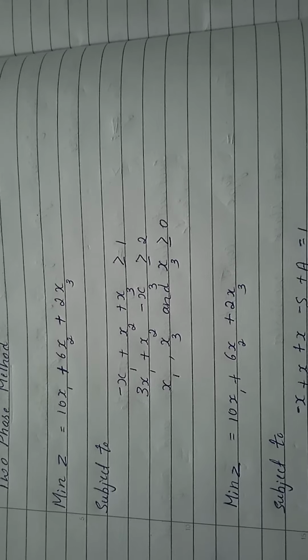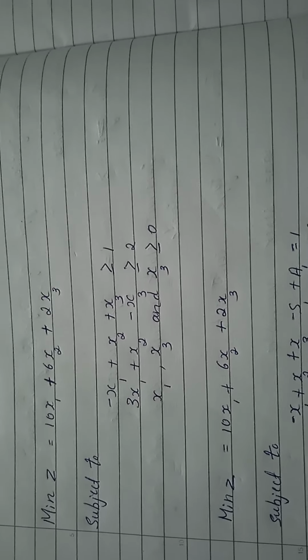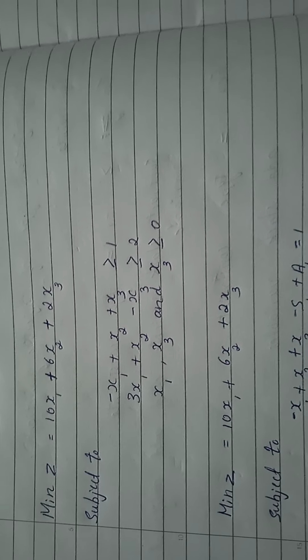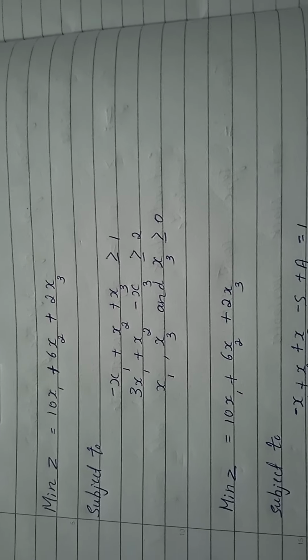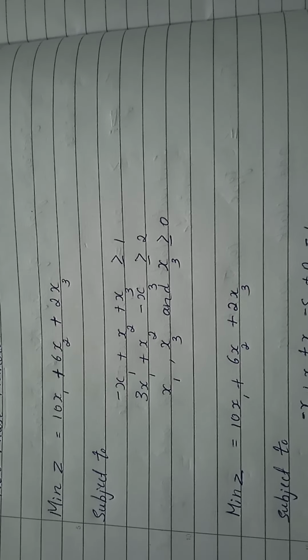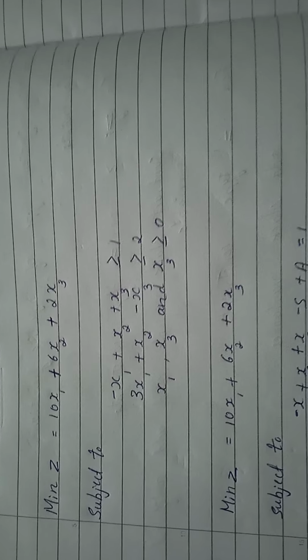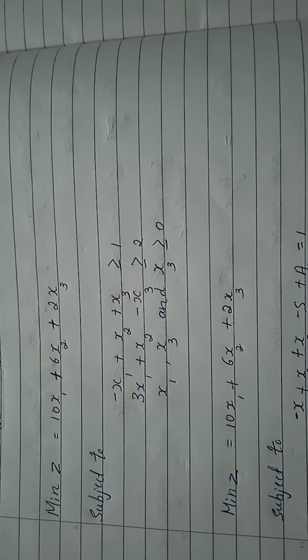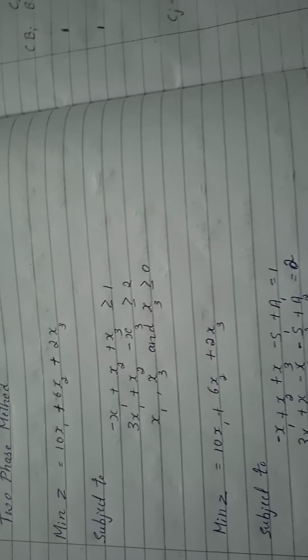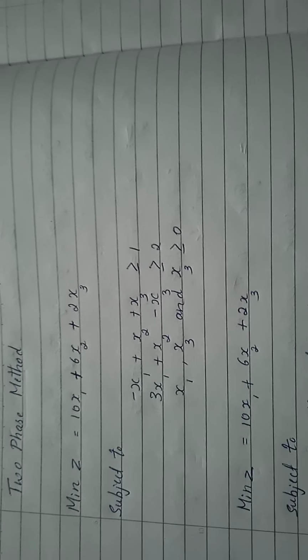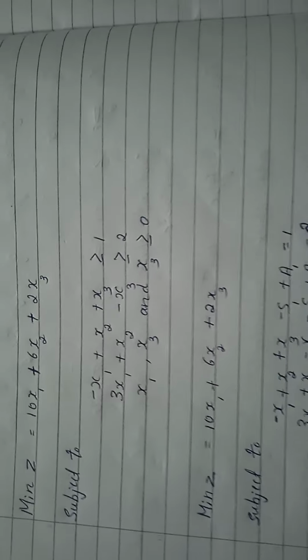The first constraint is minus x1 plus x2 plus x3, greater than or equal to 1. The next constraint is 3x1 plus x2 minus x3, greater than or equal to 2. And we have the condition that x1, x2, x3 are greater than or equal to 0.